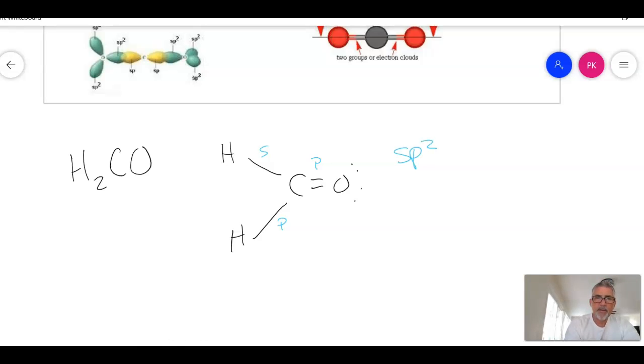If we looked at shape, right? So my bond angles, this is around 120. It'll actually be less than 120 because of the double bonds there, right? But it's around 120.